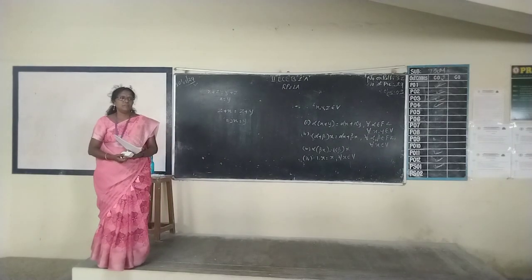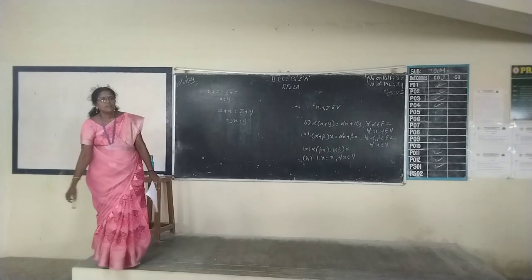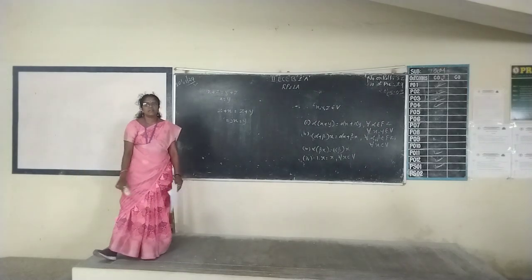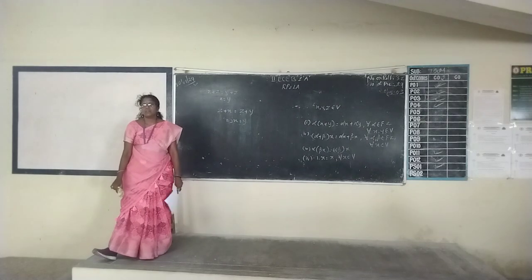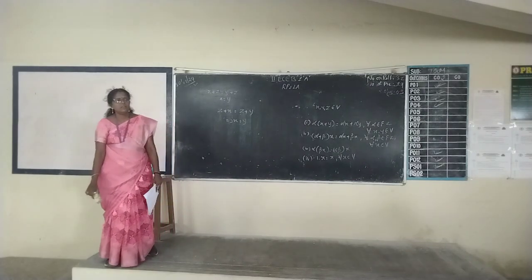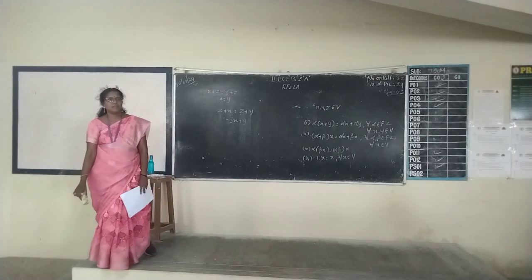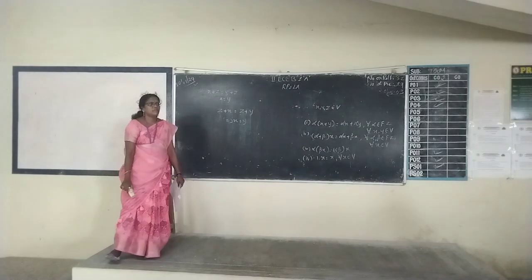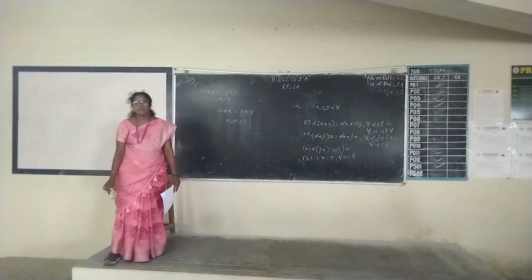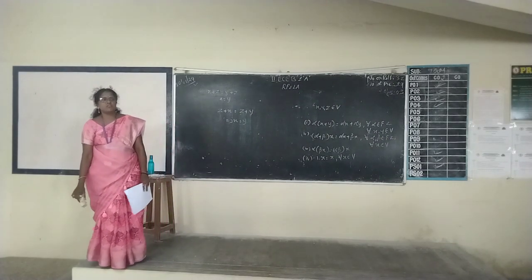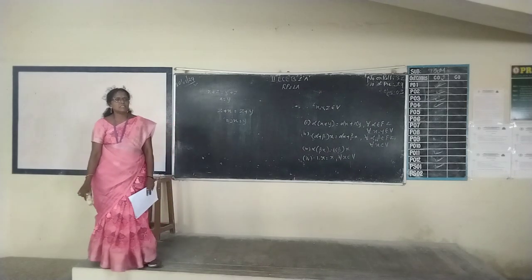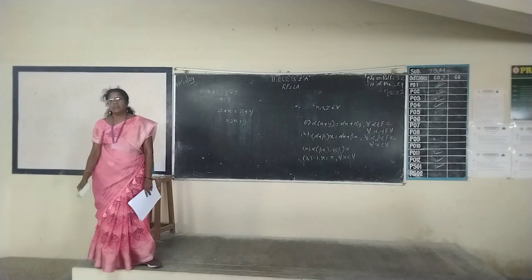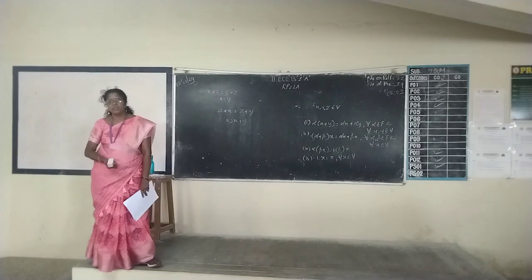The identity in V is unique. What is V? Vector space. Always it should be written in capital V. The identity in V is unique, U-N-I-Q-U-E.